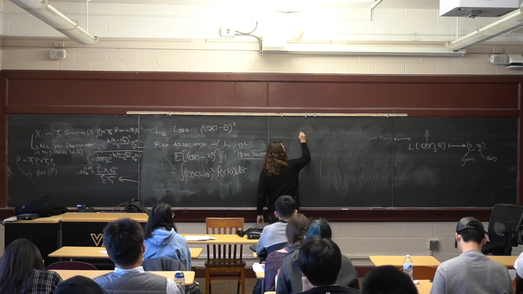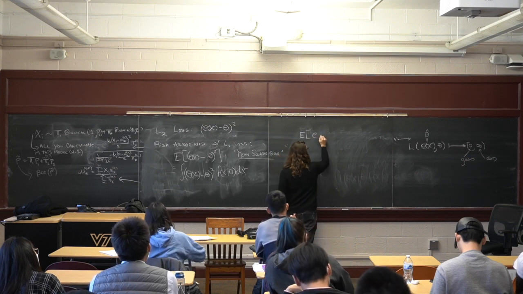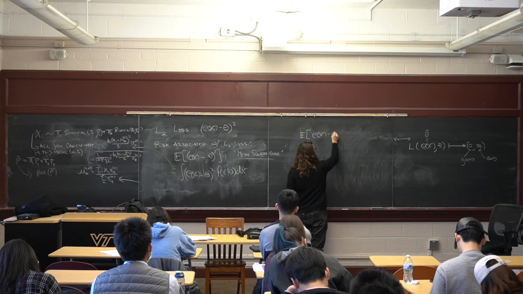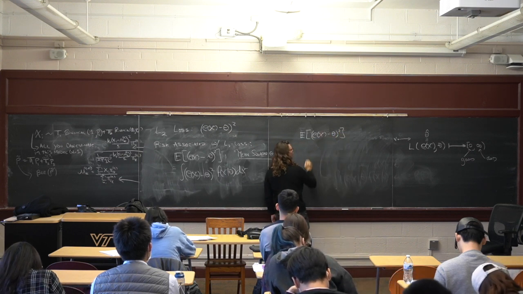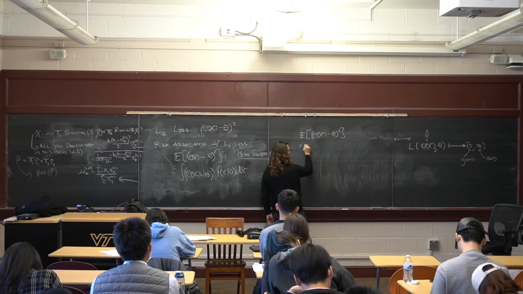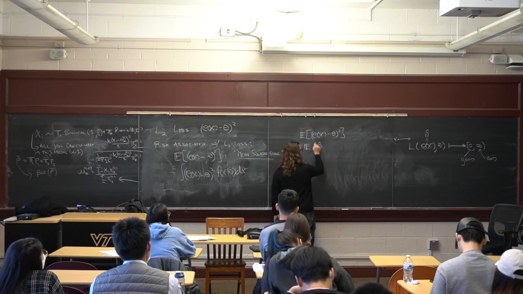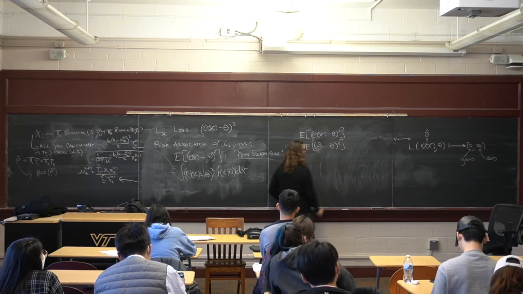My L2 risk function MSE is just this, E of x minus theta squared. I'm going to change my notation a little bit, just to save me some chalk. I'm going to call this theta hat minus theta squared, expected value.